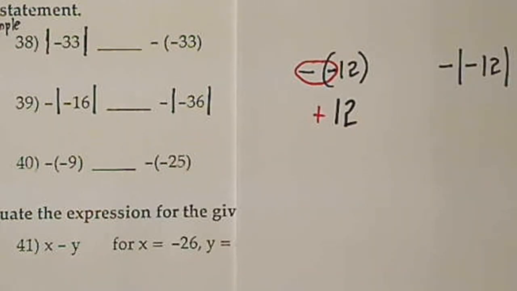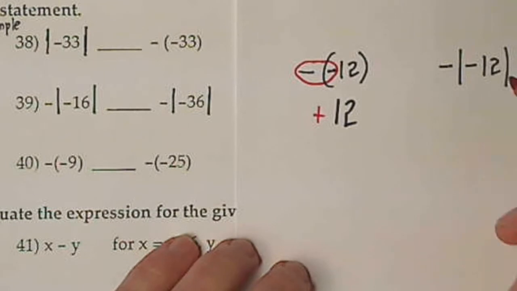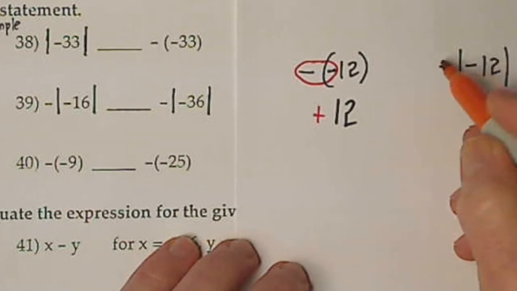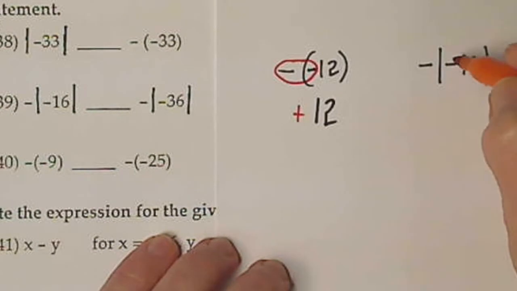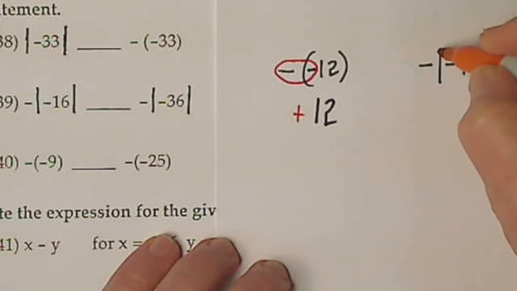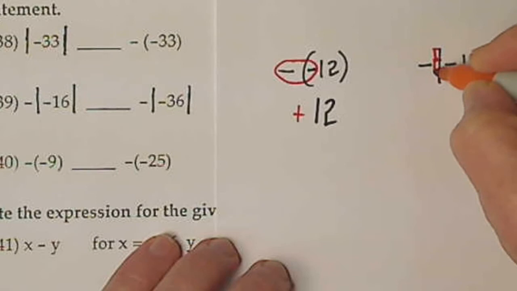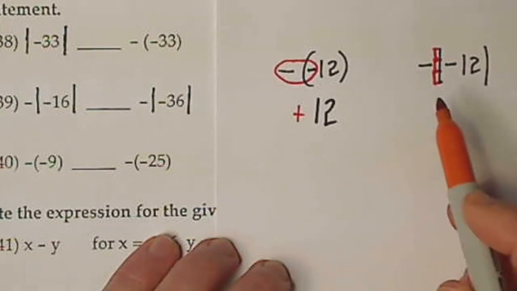But over here, I can't just combine these two signs using the rules of multiplication. Okay? This absolute value is a grouping symbol, but it also tells you to say what the distance from 0 is for the number inside. So what I encourage you to do is just think of the absolute value sign as a brick wall.